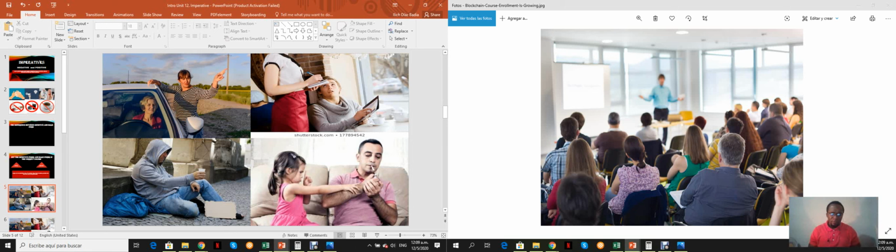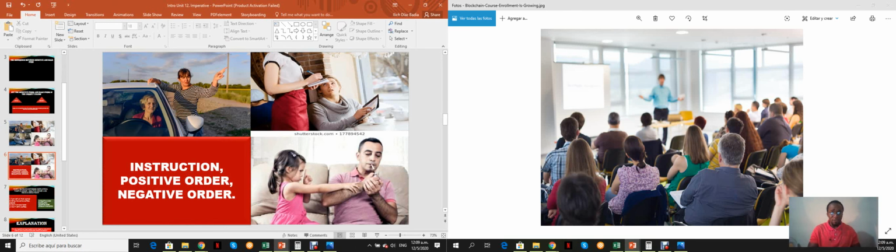After this part of the class, I would not correct them because there is no wrong answer. Okay, so let's go to the next step. I would ask the students which picture expresses an instruction, which person is giving instruction in the pictures, which one is giving a positive order or negative order.